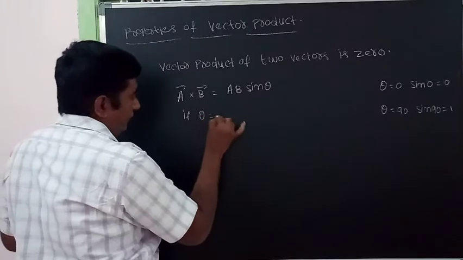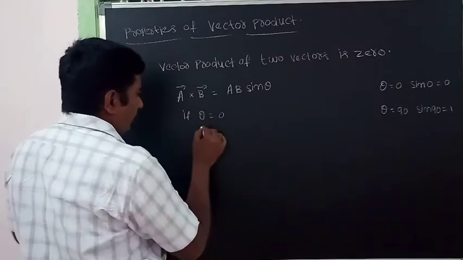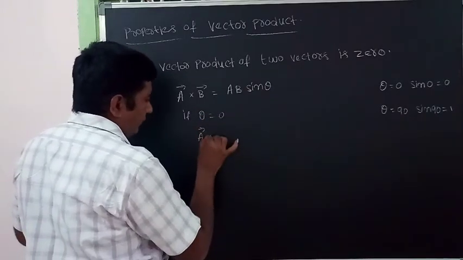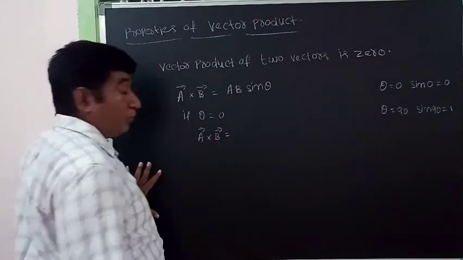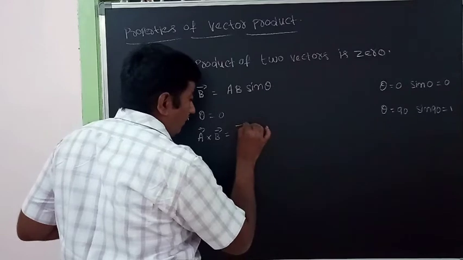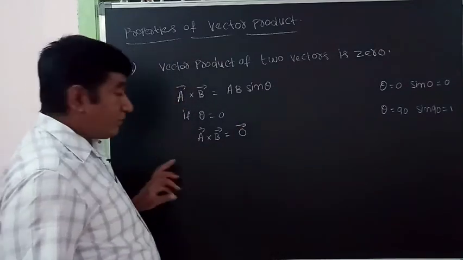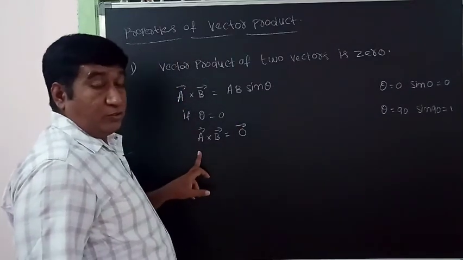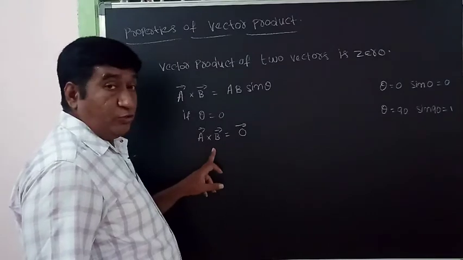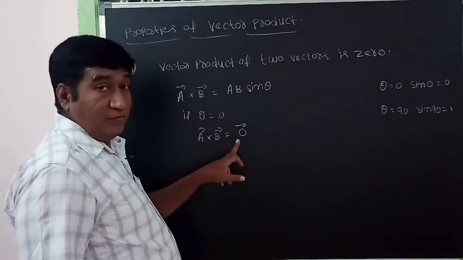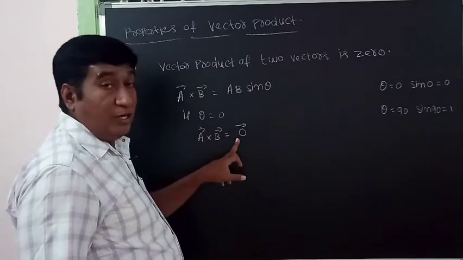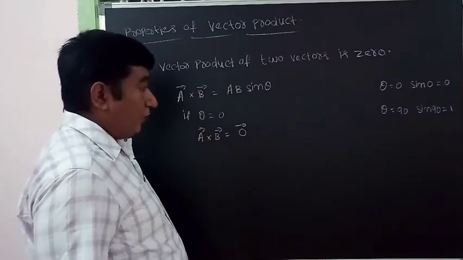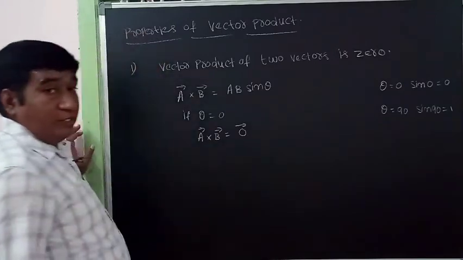If theta is equal to 0, we can tell here that A vector cross B vector is equal to the 0 vector, which we said at the beginning while discussing. So if you take the product of two vectors, we can get the resultant vector as 0, that is also a vector, which we can call a null vector or zero vector. Its direction is indeterminate.